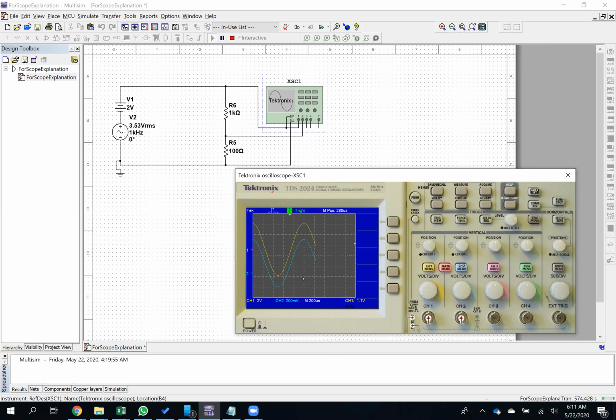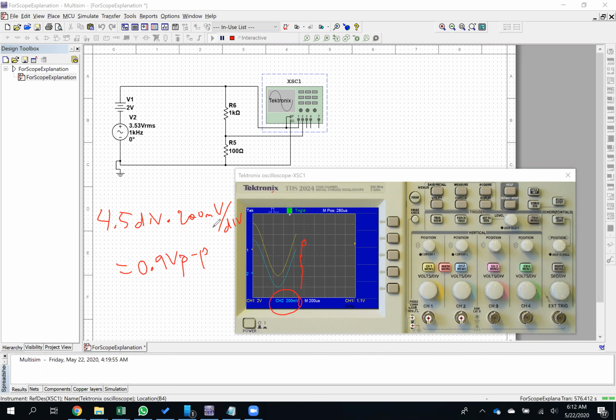But okay, so I can see that I have 1, 2, 3, 4.5 major divisions. So I have 4.5 divisions times 200 millivolts per division. So that is 0.9 volts peak to peak is my peak to peak measurement for channel 2. Okay.